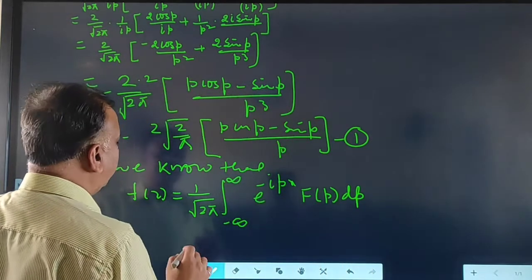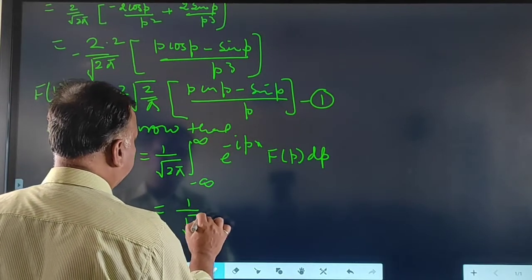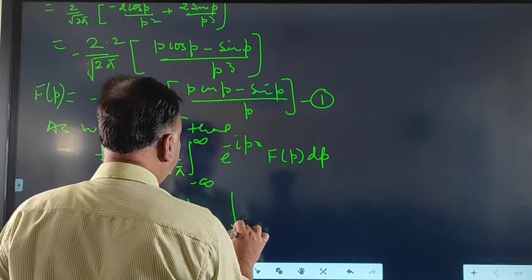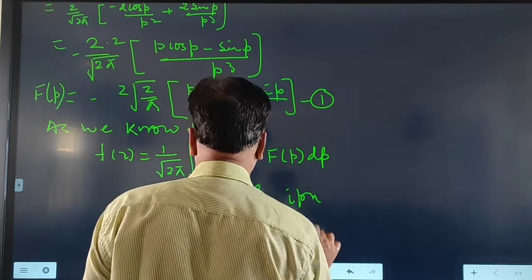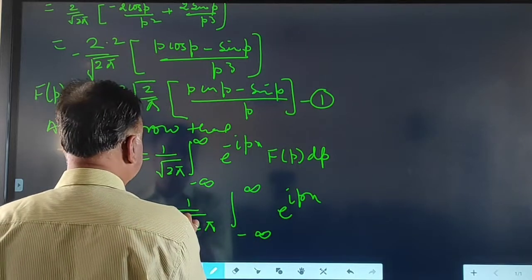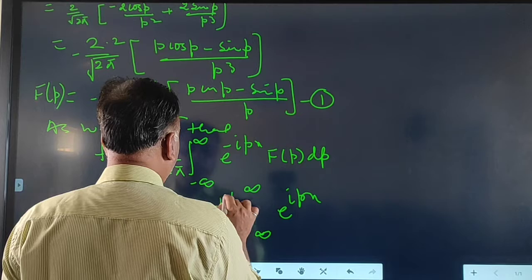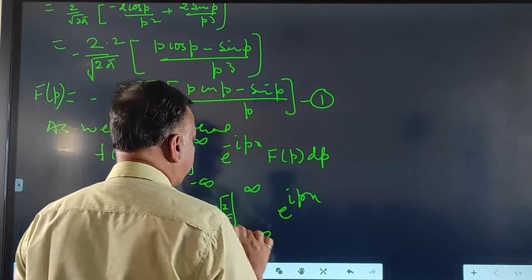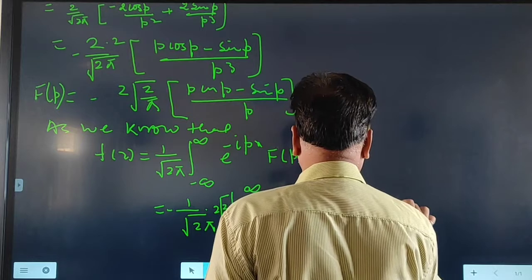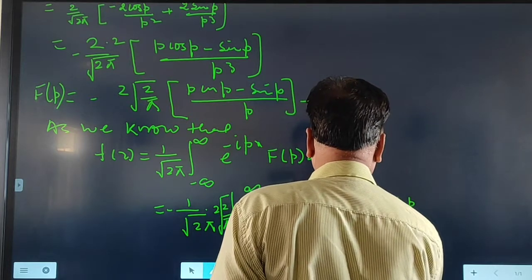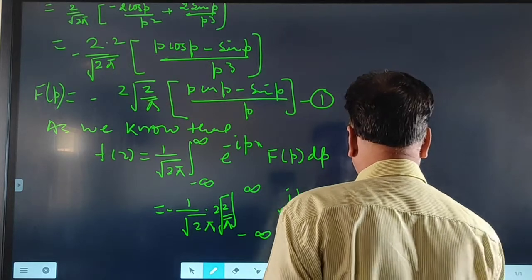So putting the value of fp, we get 1 upon root 2 pi, integral minus infinity to infinity, e raised to minus iota px, fp is minus 2 root 2 upon pi, p cos p minus sin p upon p cube, into dx.